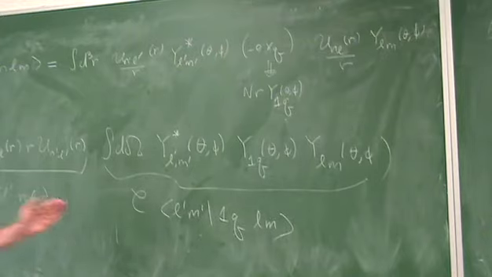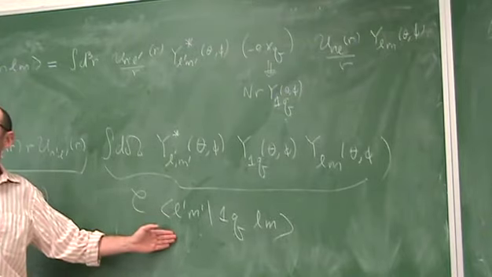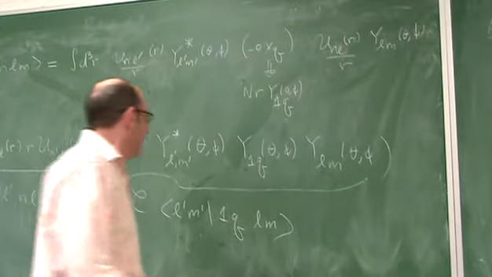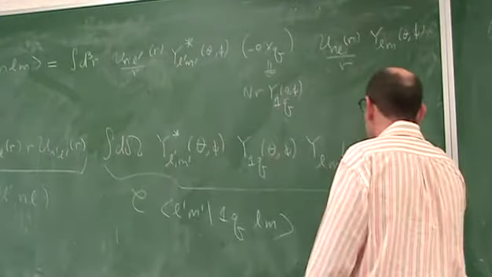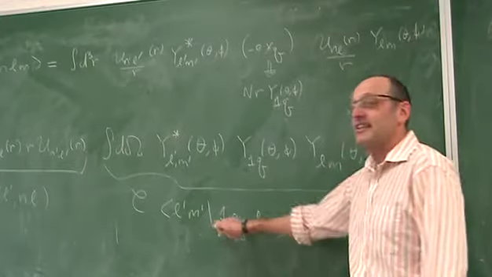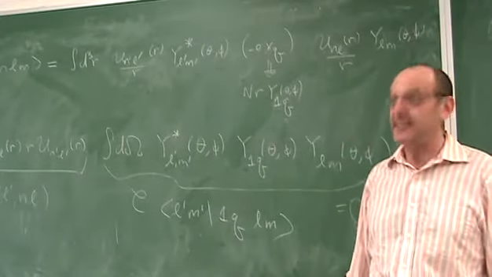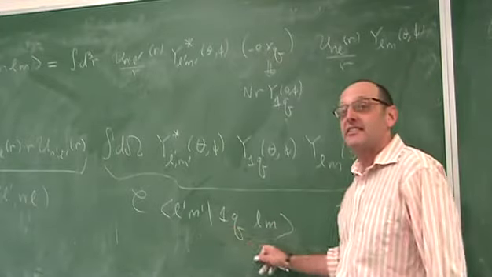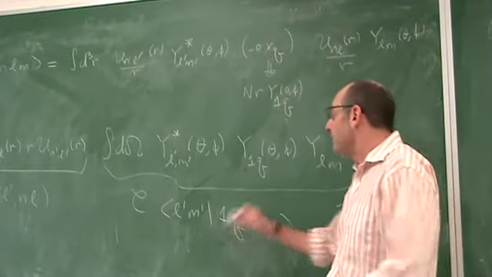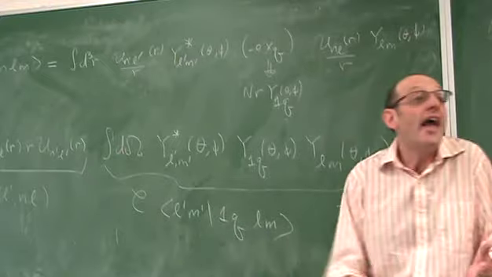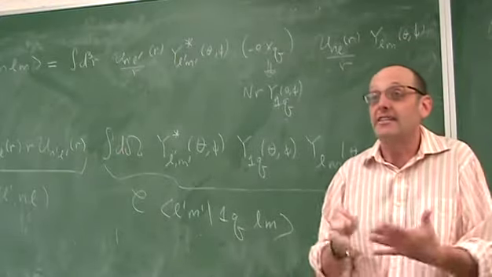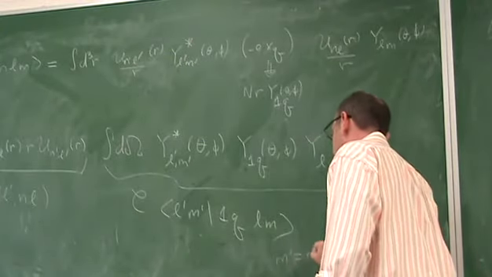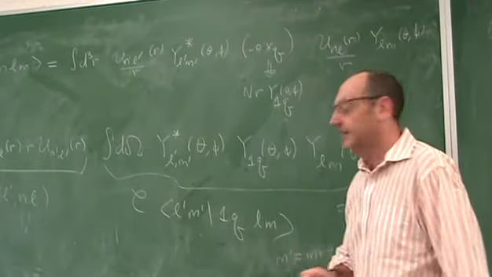Well, what do we interpret from this? What we interpret from this is that this matrix element is zero unless this Clebsch-Gordan coefficient is not necessarily zero. And under what conditions is this Clebsch-Gordan coefficient zero? Well, it's necessarily zero if the triangle inequality is not satisfied. So firstly, we know that M prime is equal to M plus Q. We already got that.